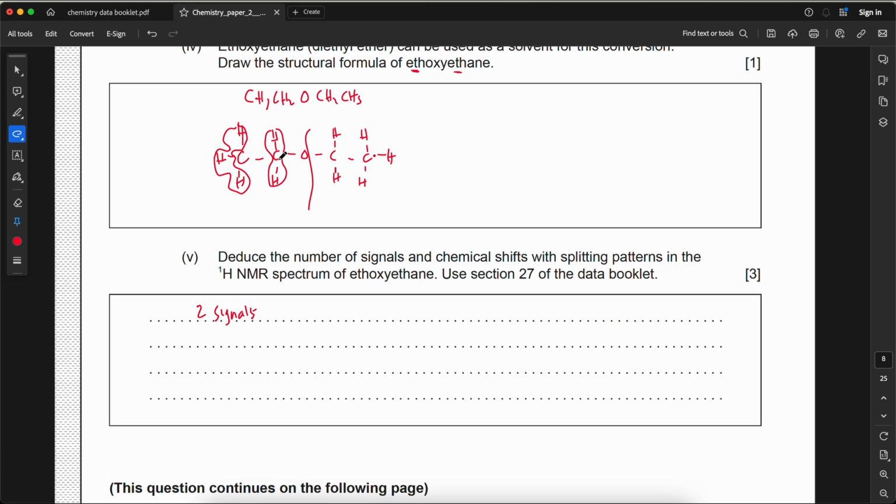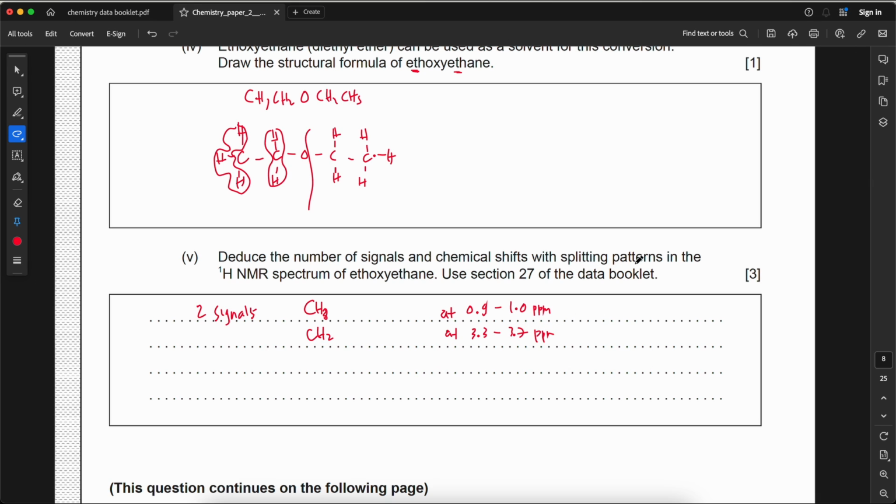So two signals, CH3 and CH2: one at 0.9 to 1 ppm, and one at 3.3 to 3.7 ppm.